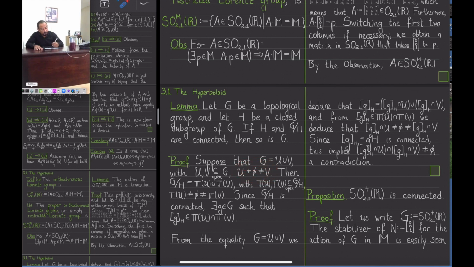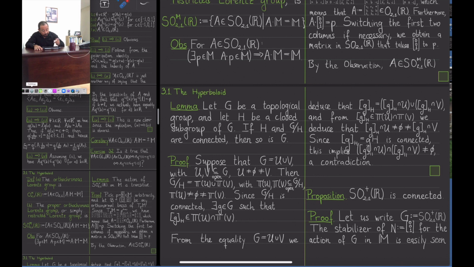And then, since G modulo H is connected, the fact that they are open and the fact that they are not empty means that the intersection must be non-empty. Right? So this means that for some left coset, some left coset belongs here.